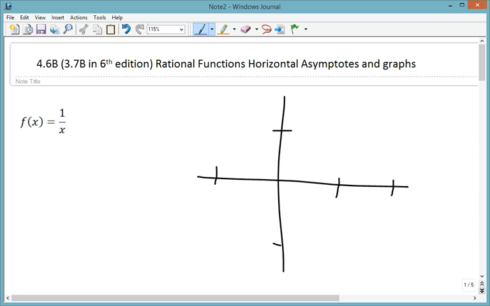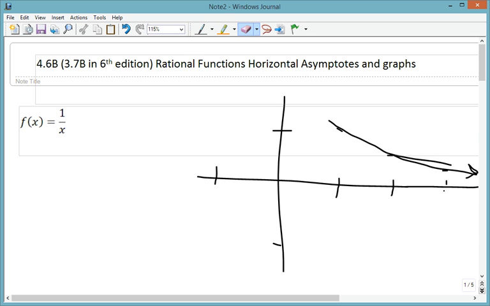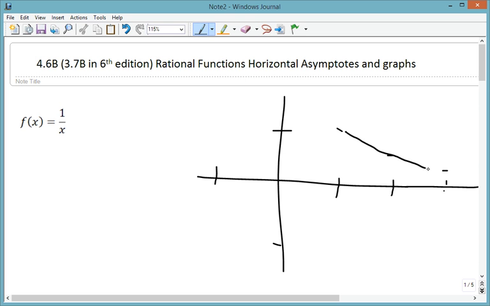When x is 2, it's 1/2. When x is 3, it's 1/3. When x is 4, it's 1/4, and then 1/5, and then 1/6. So it approaches it, and the farther out we get, as x gets bigger and bigger, the closer to 0 it gets.